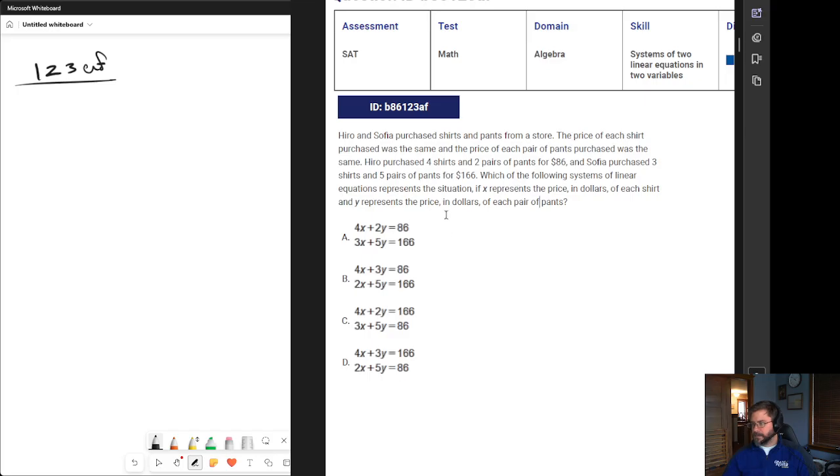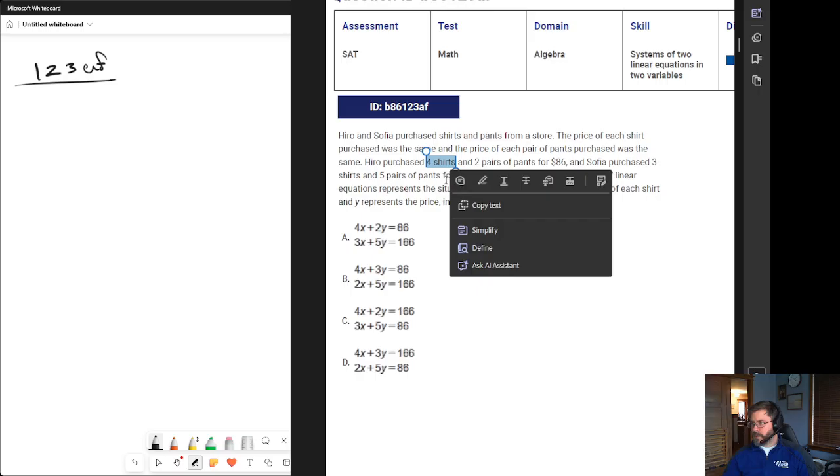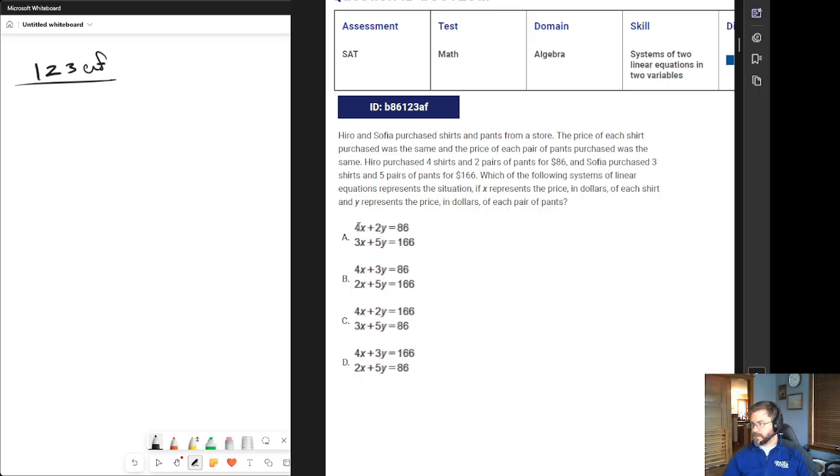So which one is it? Well, if x is shirts, it says they purchased 4 shirts. So 4x makes a lot of sense. 2 pairs of pants, 2y. All right, that narrows it down to either A or C. $86 for 4 and 2, so it's going to be A. You just read for what you need, but you have to know what you need.